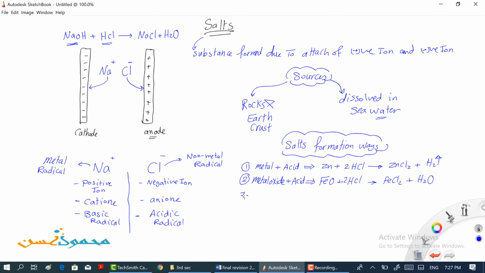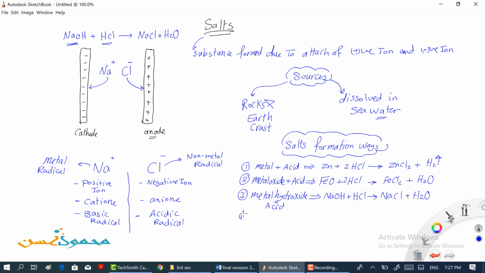Maybe metal hydroxide plus acid, like sodium hydroxide reacting with hydrochloric acid, giving to us NaCl, sodium chloride, plus water, a neutralization reaction.